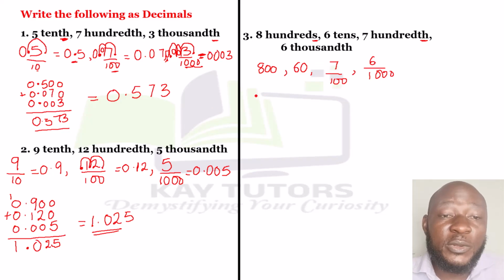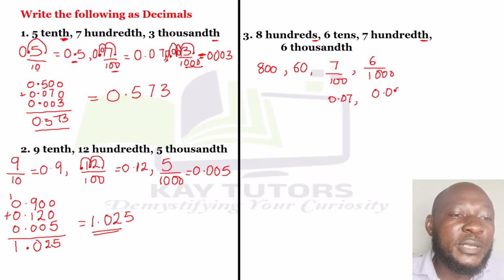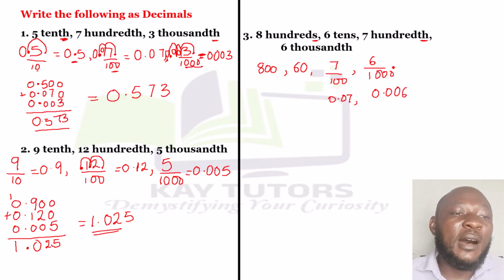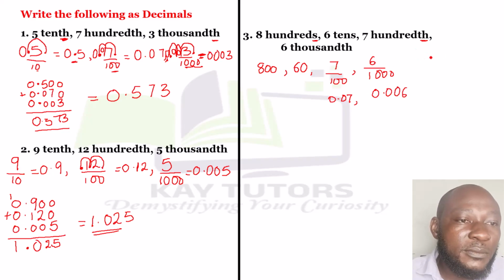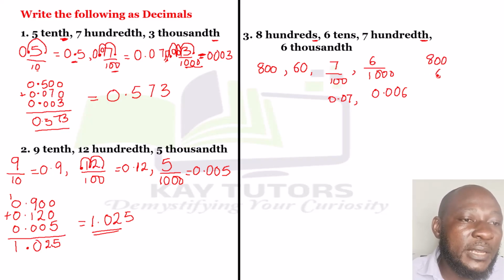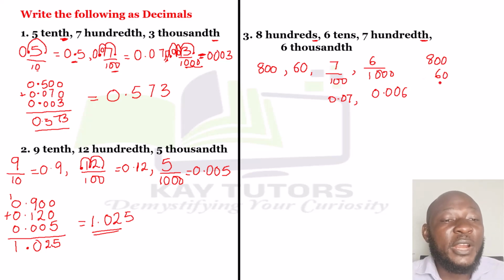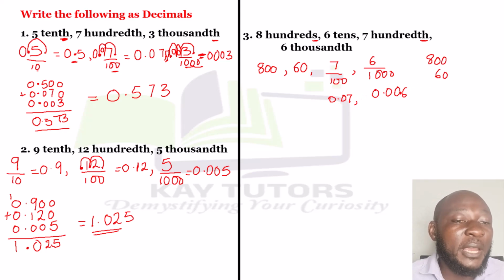So here, what's my answer here? This can as well be 0.07. Then here is 0.006. Then let's add. So here we have 800 plus 60. Now, this is very confusing for a lot of children. How do I mean?